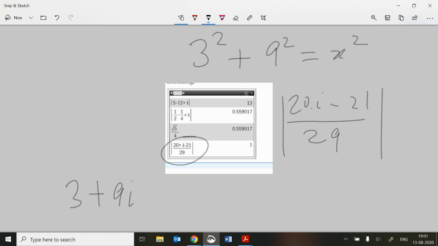I would put the i afterwards there. If we set that up as z, then we could just do the modulus of z. Or we can just put in 3 plus 9i and do the modulus, and it will actually solve this Pythagoras for us. So there are links between complex numbers and geometry.